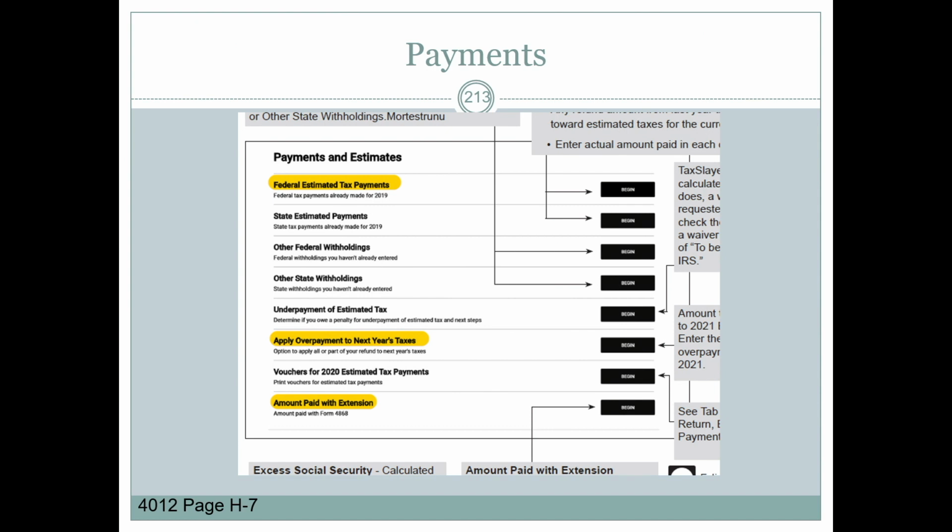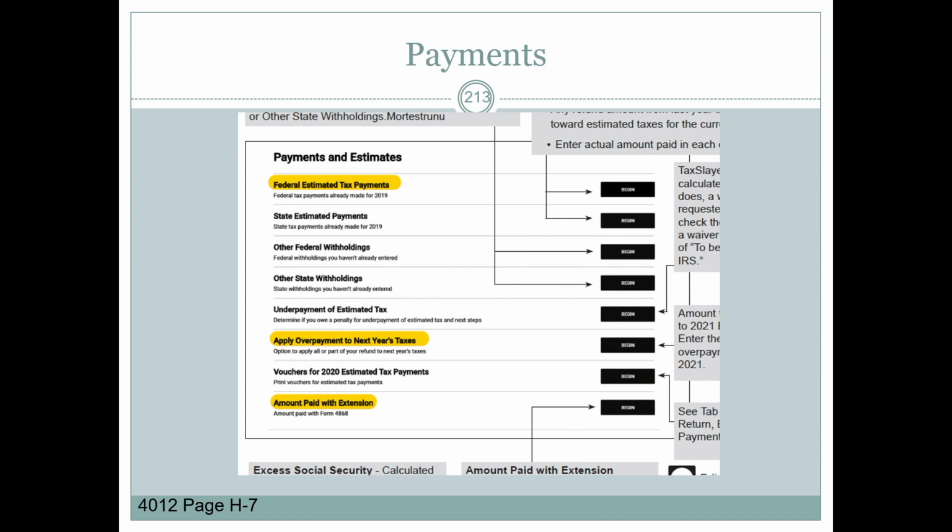Page H-7 of Publication 4012 shows you the screen in TaxSlayer that you will be inputting this information into. For instance, federal and estimated tax payments, that's a section that we will see a lot of, or apply overpayment to next year's tax return, or amount paid with the extension.